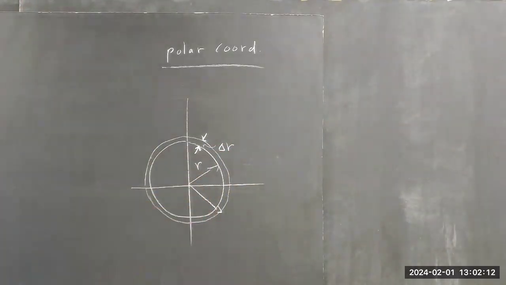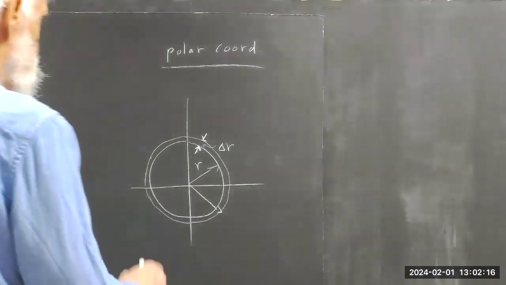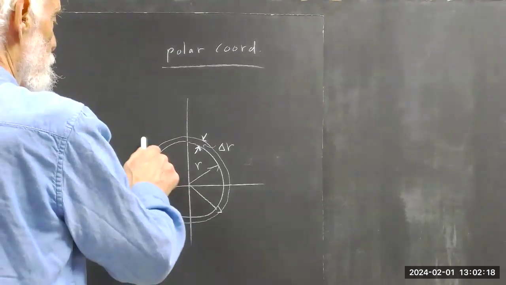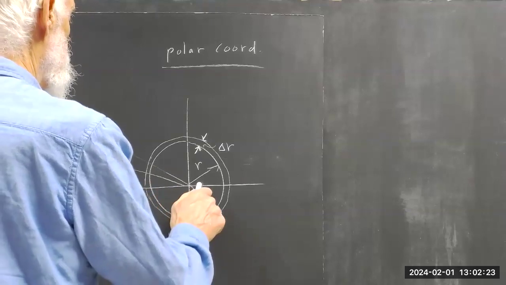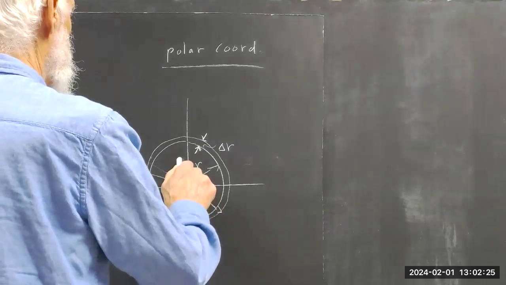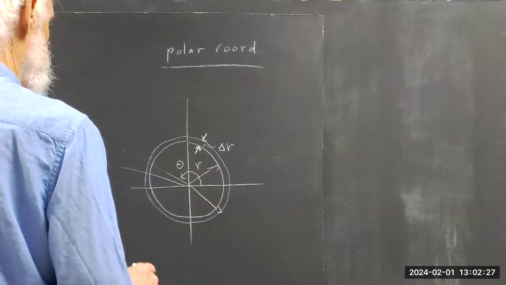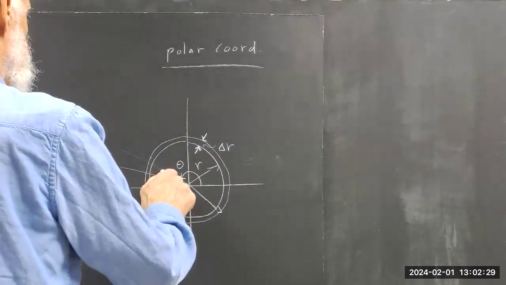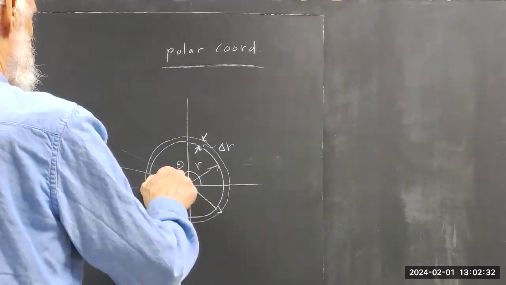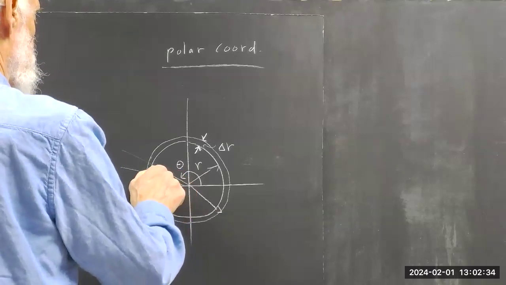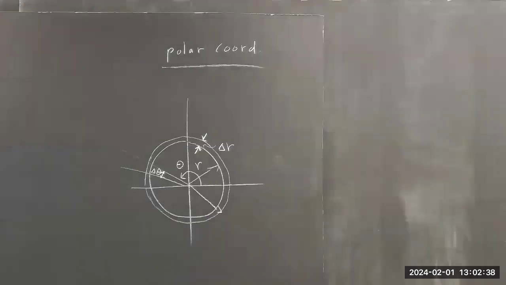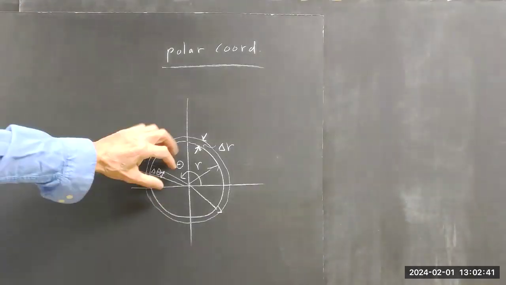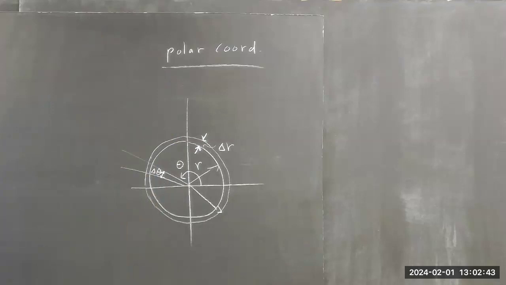We're not going to really use r plus delta r. Here's angle theta, and in here is angle delta theta. Probably can't read it, but just two angles that are separated by delta theta.